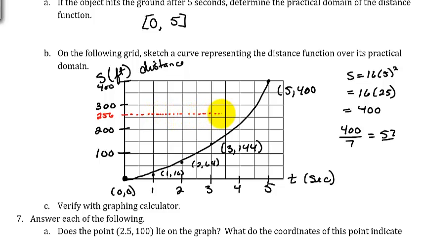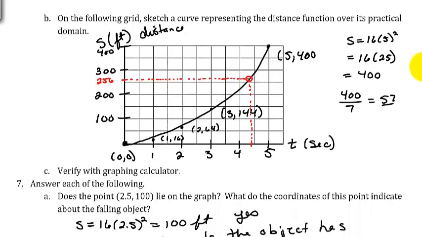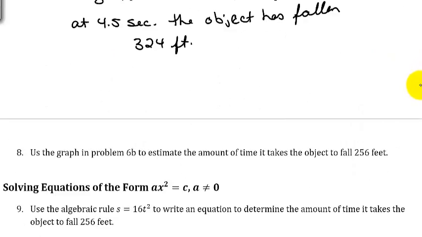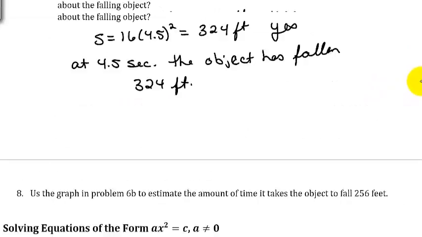You would go from that point over until you hit our graph, and then you would go down. Remember, each of these tick marks is a half, and it's about a quarter of the way up, so half of that would be 0.25. So that's what? 4.3 maybe? Yeah, about 4.3.